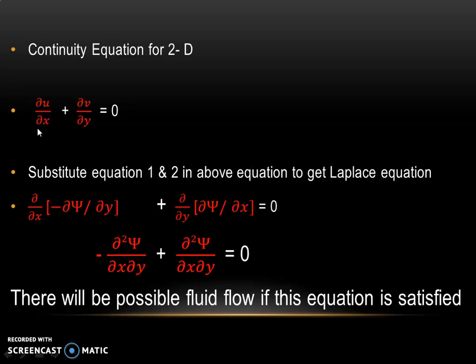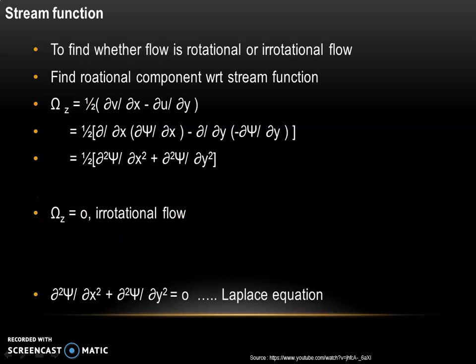So dou by dou x of u, which is minus dou psi by dou y, plus dou by dou y of v, which is dou psi by dou x, will be equal to 0. So the final equation will be minus dou square psi by dou x dou y plus dou square psi by dou x dou y equal to 0.